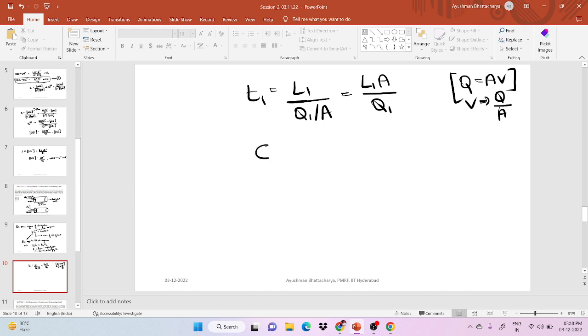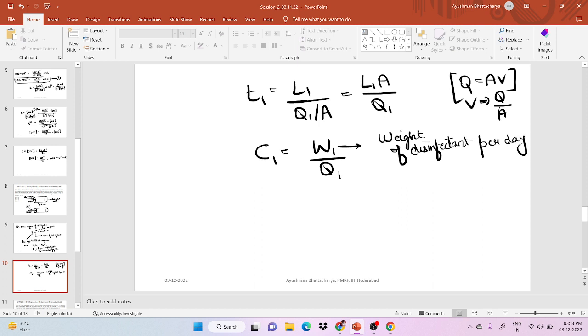So concentration C1 is equal to W1 by Q1, where W1 is the weight of the disinfectant per day and Q1 is the discharge per day.